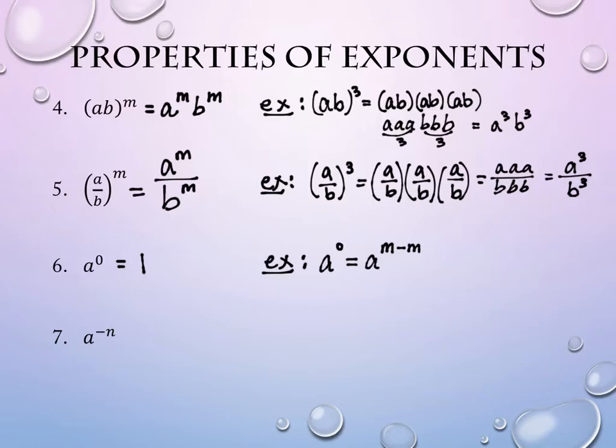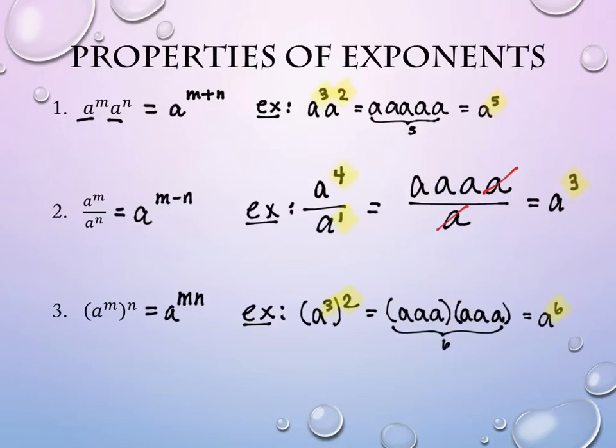So we can do that. So why am I doing that? Well, because I want to use property number 2 in reverse. That is to say, I want to rewrite this as a to the m over a to the m. And that's property number 2 used backwards, right? This says a to the m minus m, so I can rewrite it as a to the m on top and a to the m on bottom.